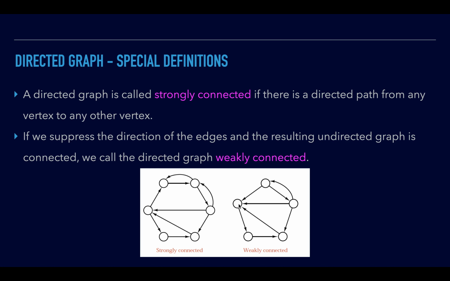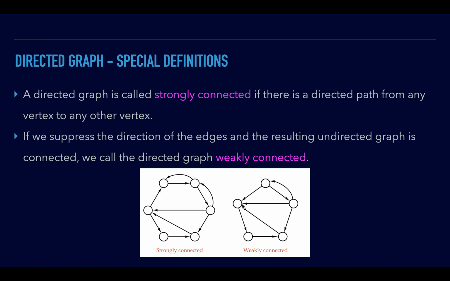At this particular vertex I will not be able to go from here to here because there is direction information included. But if I drop the direction information, then this becomes an undirected graph. And if that undirected graph is connected, or in other words, if that undirected graph has a path from any node to any other node, then that graph is called a weakly connected graph.